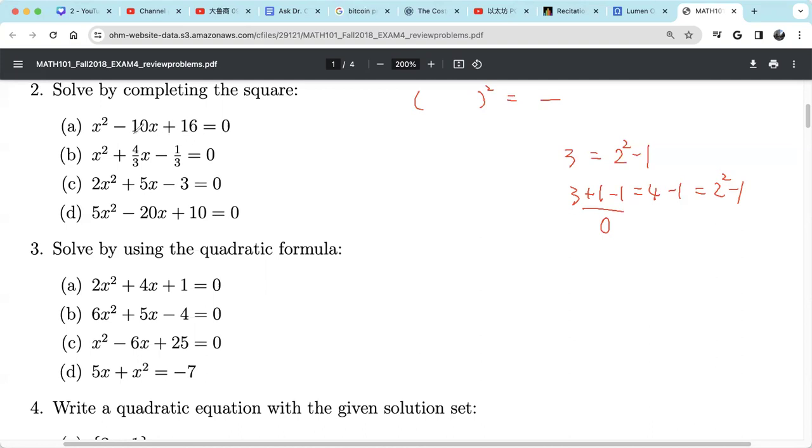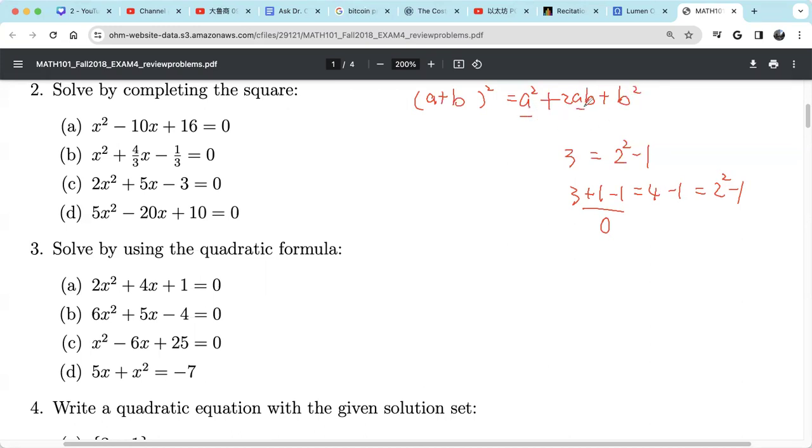So we're going to do the same thing for this. We want to make a square. So remember, (a plus b) squared gives us a squared plus 2ab plus b squared, right?